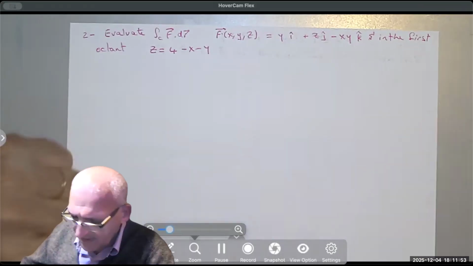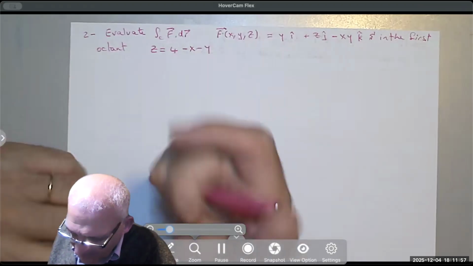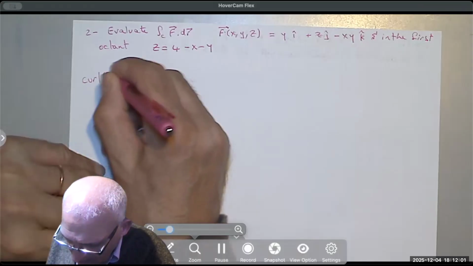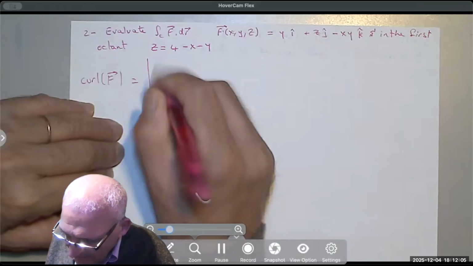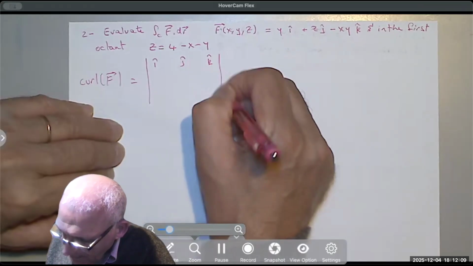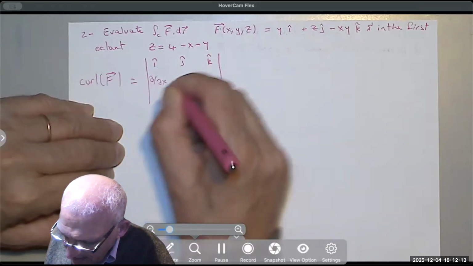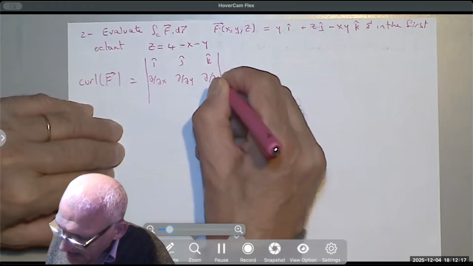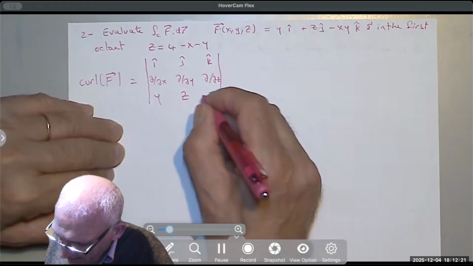So, same idea. We are going to find first the curl of f, which is del cross f. So I get i, j, k; partial x, partial y, partial z; y, z, negative xy.